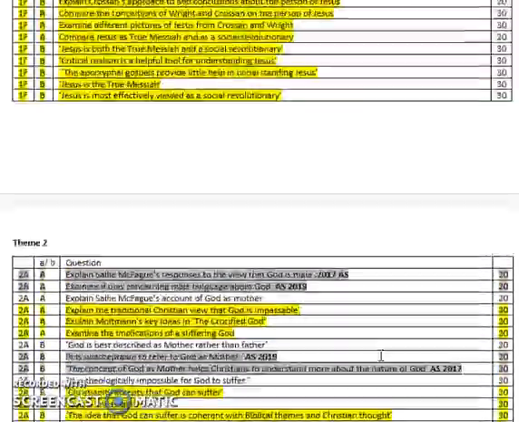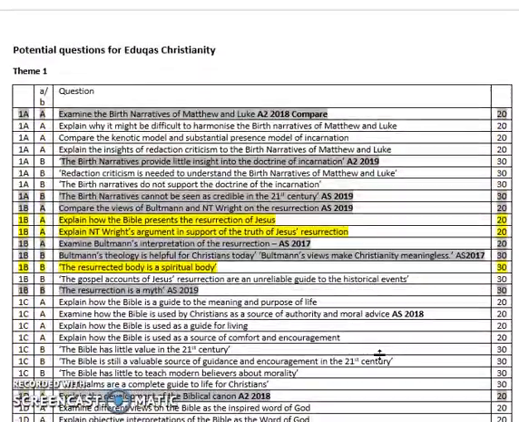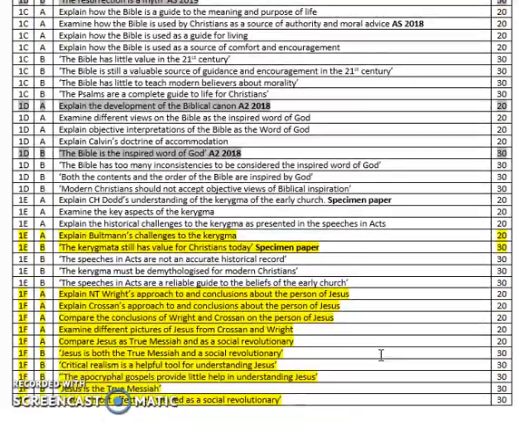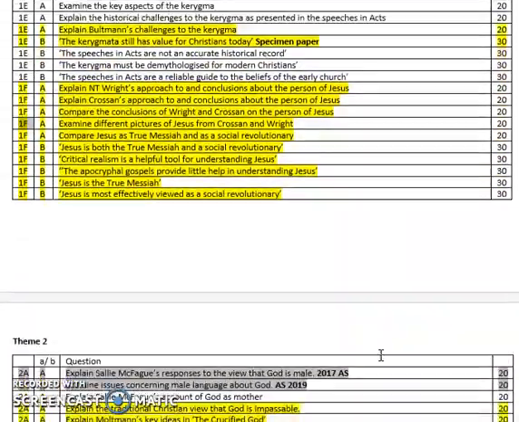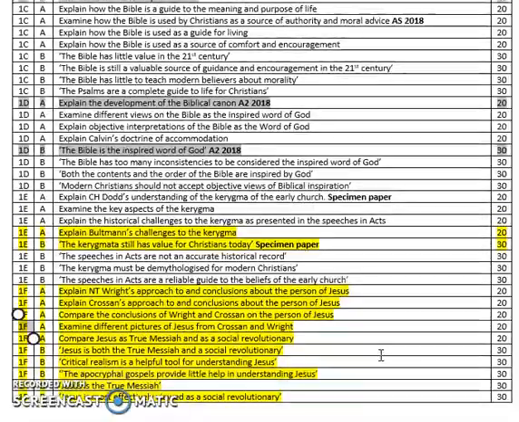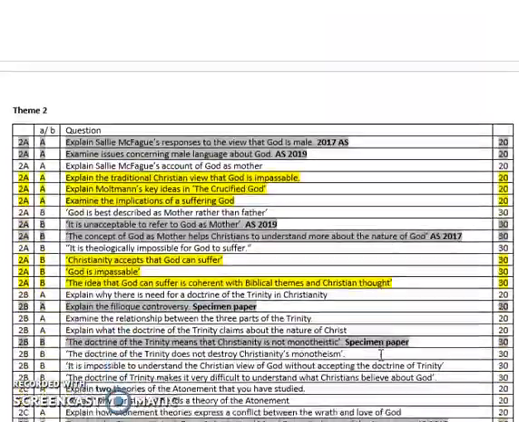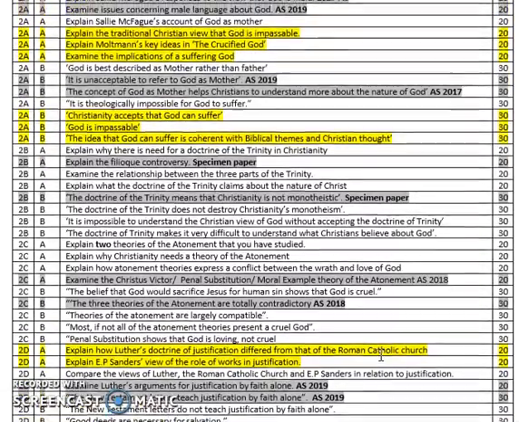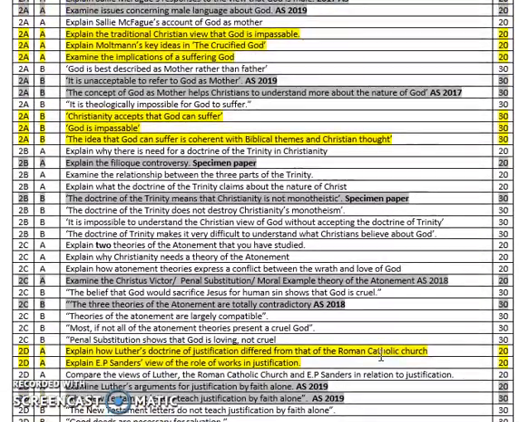So, to repeat, big tip for theme 1, NT Wright, Crossan, theme 1F. Check out our videos where we've shared exemplar answers. Theme 2, big tip is Maltman and Suffering God.